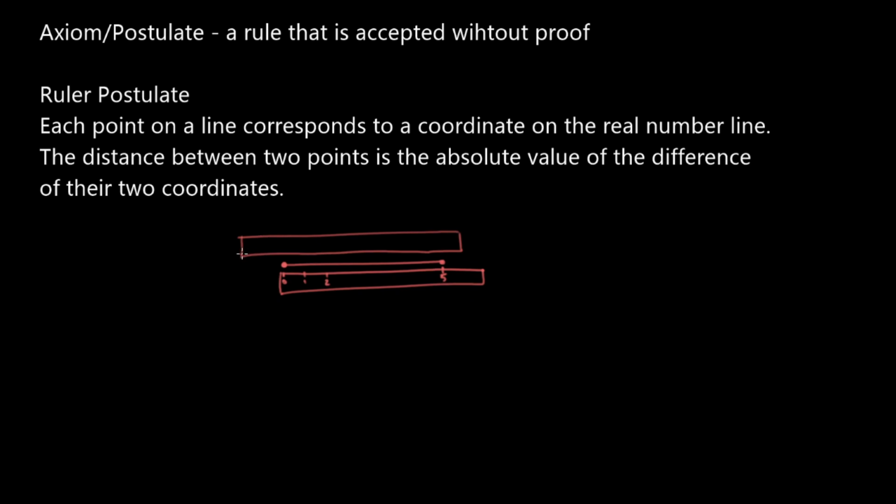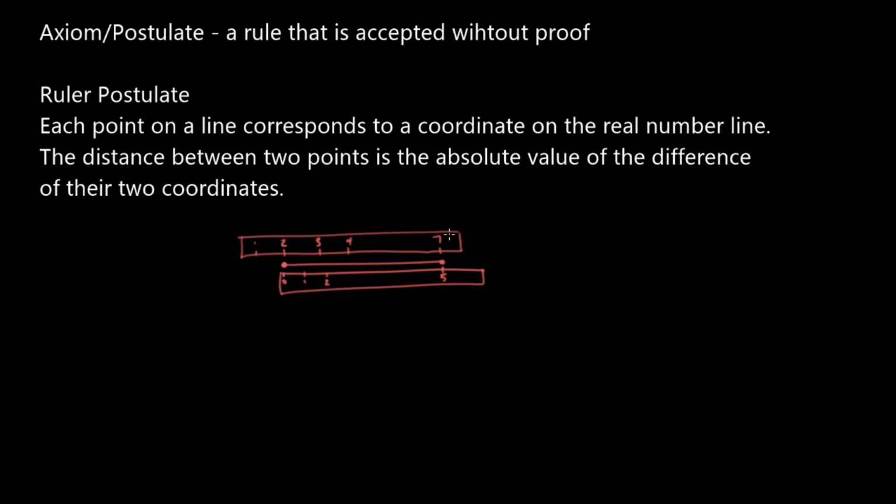So if this is my 0 still, this is 1, and this is gonna be way off, but 2 and 3 and 4 and so on. And what we'd end up finding out is that it actually has the same distance. This would end up being 7, no matter what we line it up with.